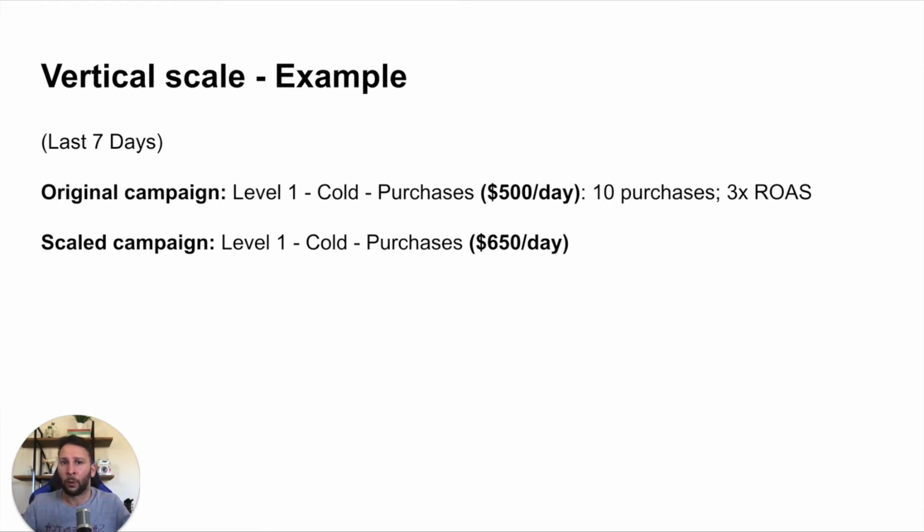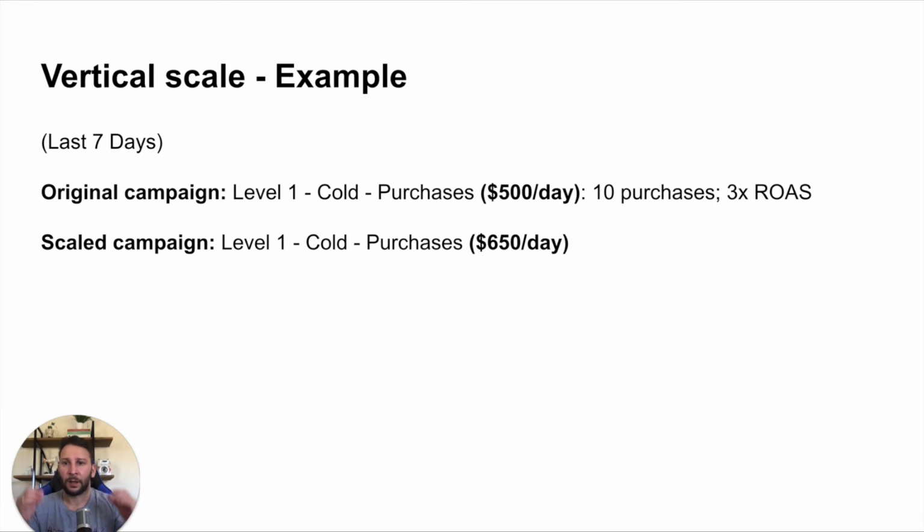So I always try to keep like 60 to 70% of the budget for the cold or level one, and then the rest distributed into the other ones. Because if you don't have enough audience size at the top of the funnel, how are you going to get enough volume at the bottom of the funnel, right?